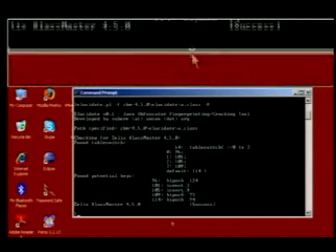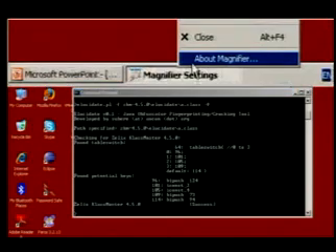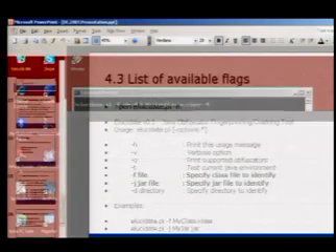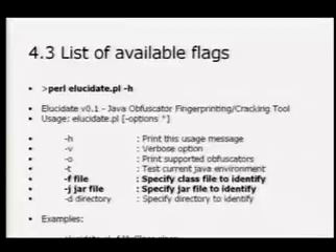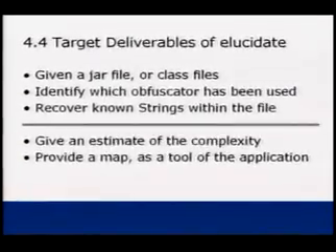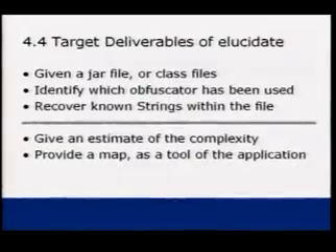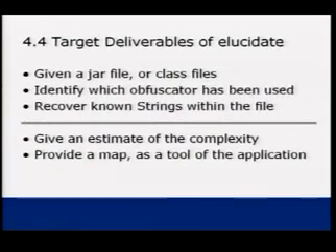The target deliverables of this little tool are, as I said, to provide a jar file, identify what obfuscator has been used, and recover strings within that file that are supposedly being encrypted.